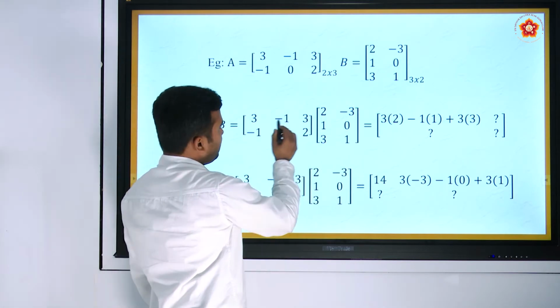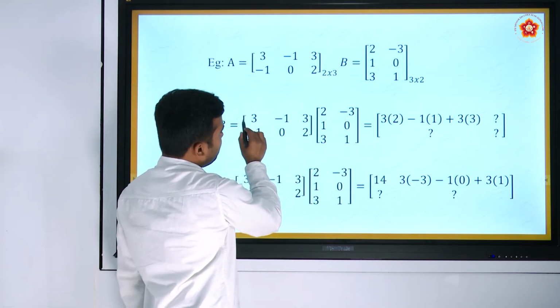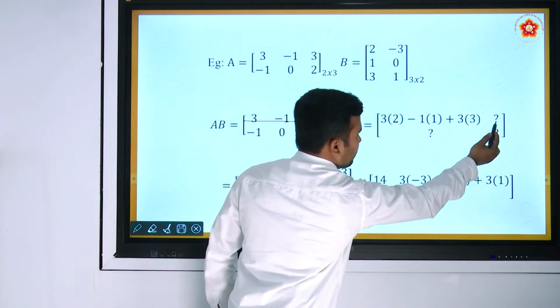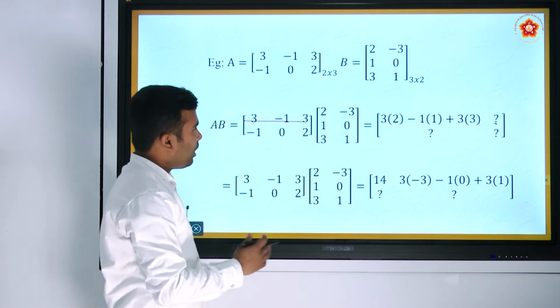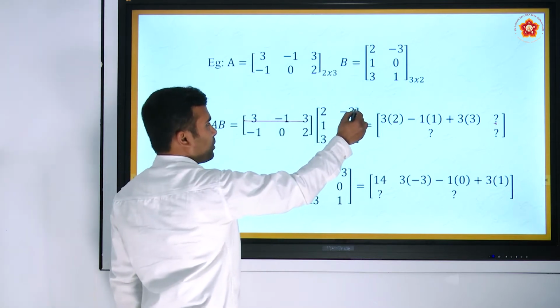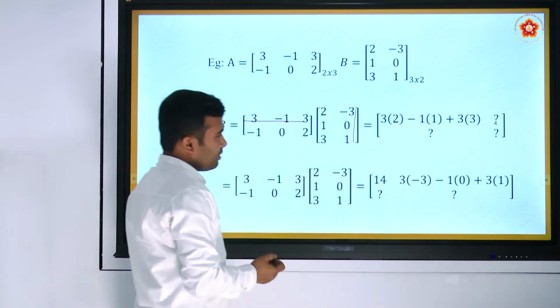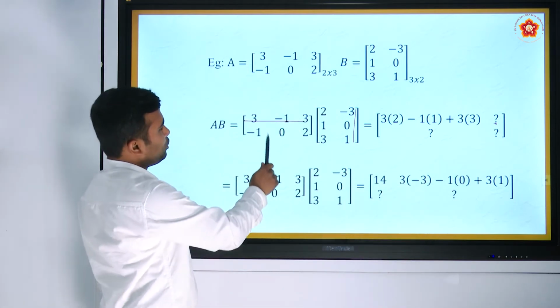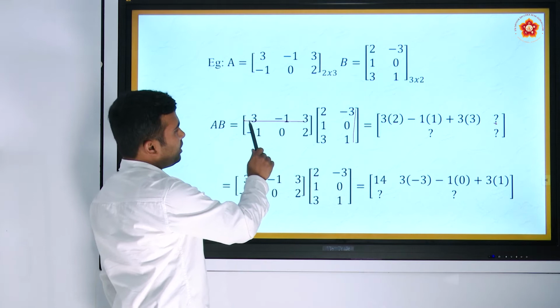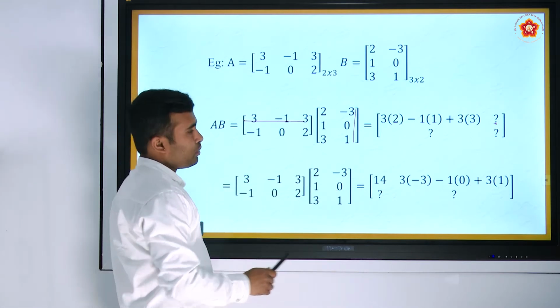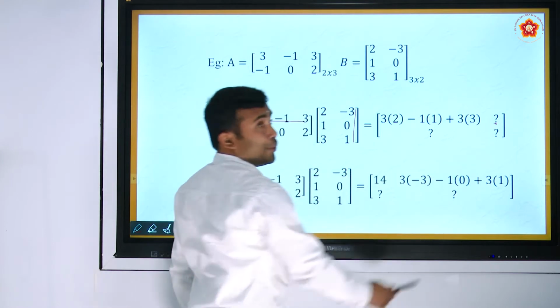for the other one, the first row into the second column gives this element. In the same process you can repeat it to find this entry. You multiply the first row elements with the second column elements, and you will get this value.